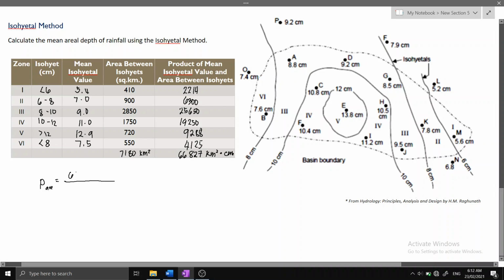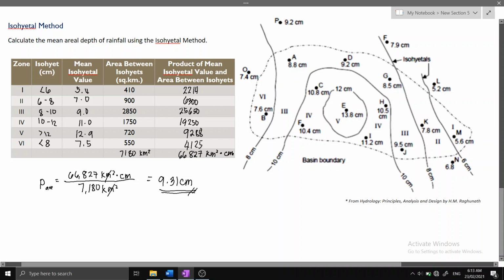So this is 66,827 kilometers squared centimeter all over 7,180 kilometers squared. So this is equal to 9.31 centimeters.